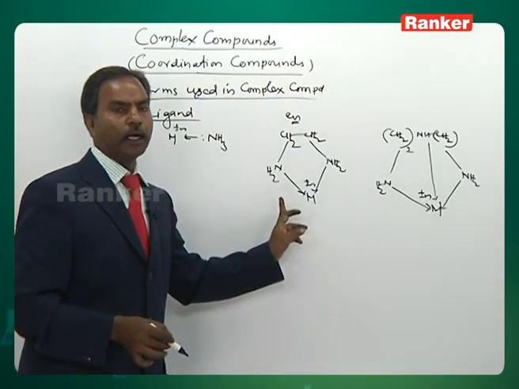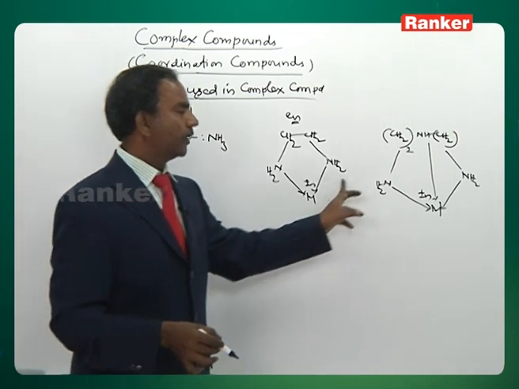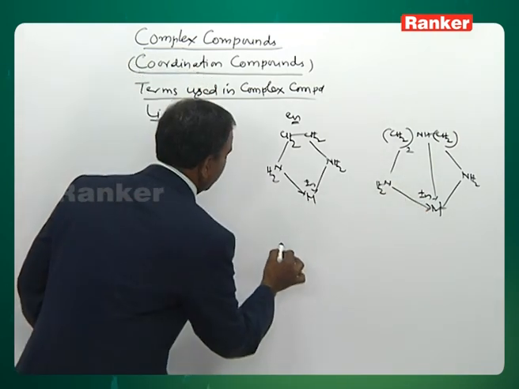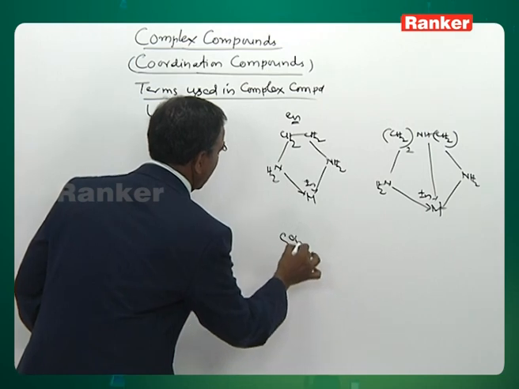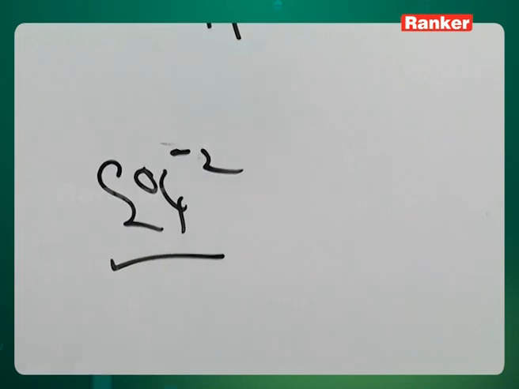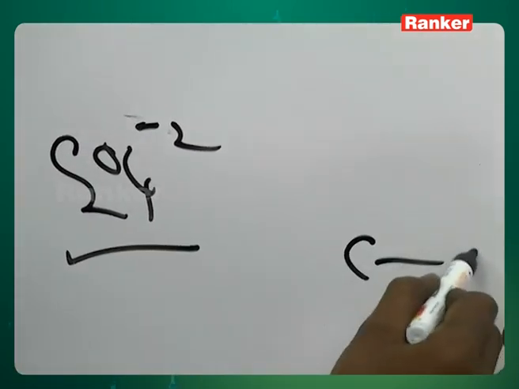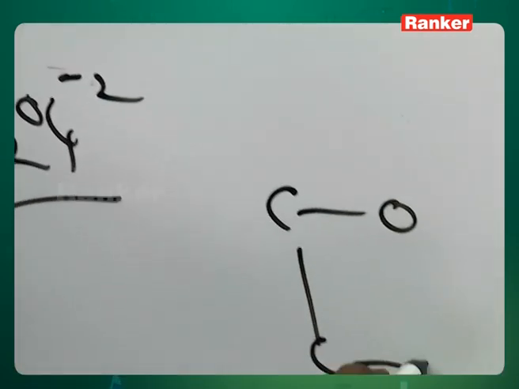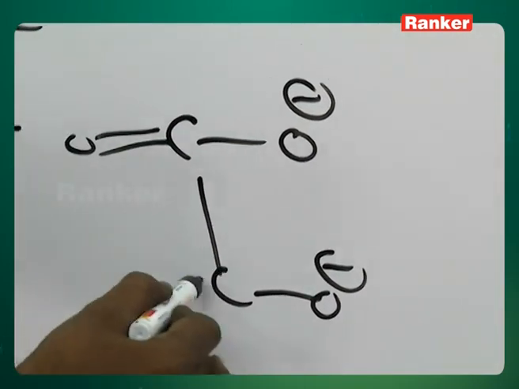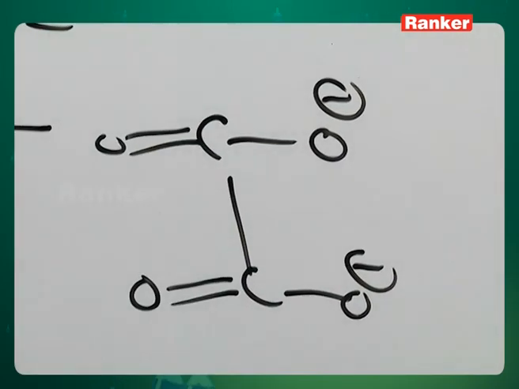Monodentate, bidentate, and with three donors, tridentate. Let me give one more example. Oxalato ligand, C2O4 2-. The structure of this ligand is shown here.